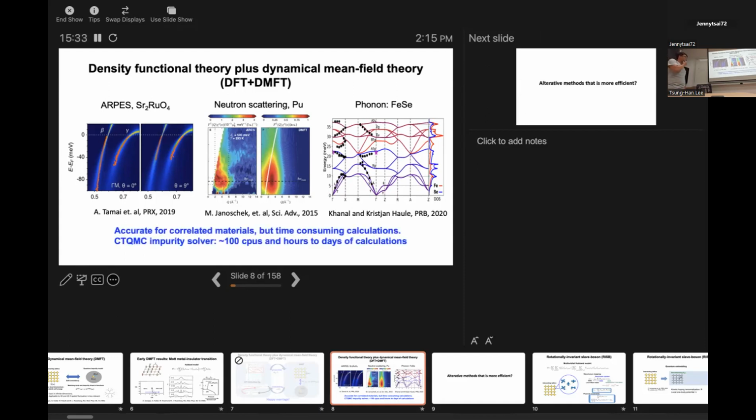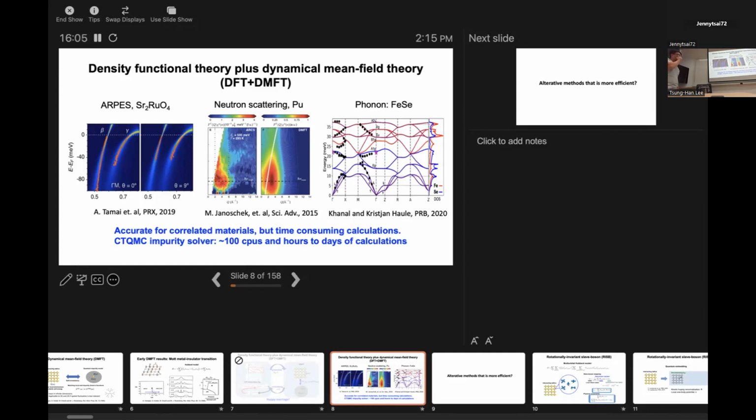So it works very well, but it is also known that DMFT is a very time-consuming calculation. So in order to get this type of results, typically one has to use the quantum Monte Carlo impurity solver, and you usually require hundreds of CPUs, and depending on the calculation that one needs to carry out, it may take hours to days.